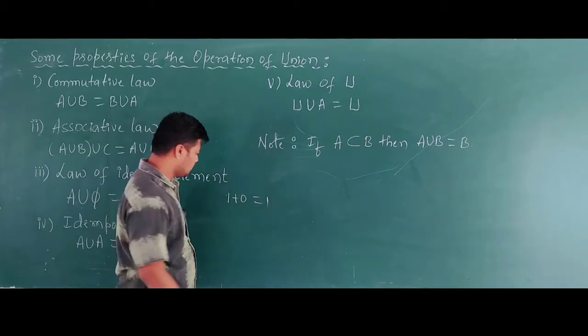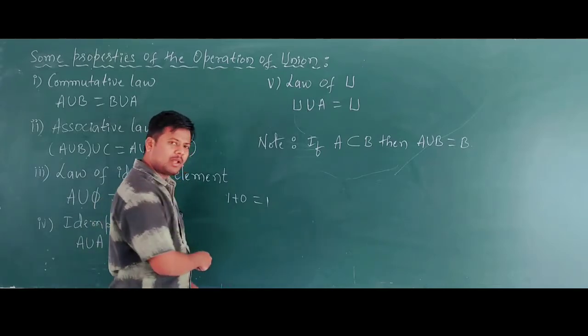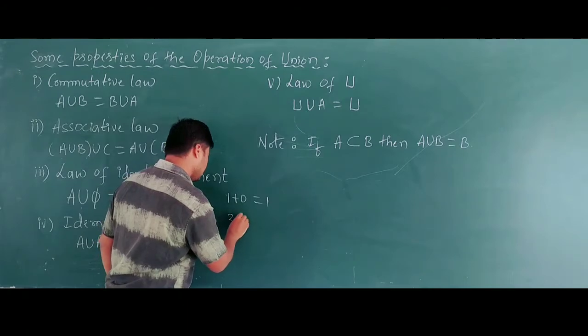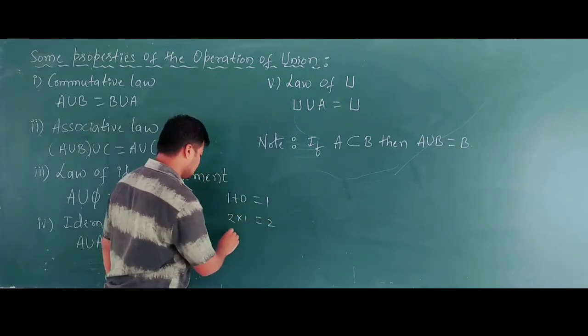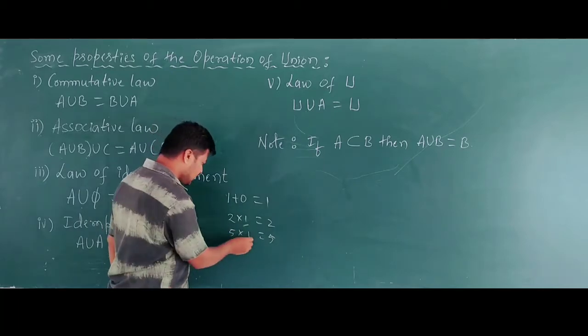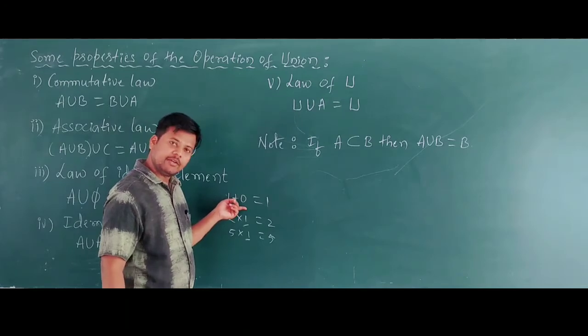For multiplication, 1 is the multiplicative identity. You can multiply any number by 1 and you will get the same number. For example, 2 into 1 is again 2. Similarly, 5 into 1 equals 5. So here 1 is called the multiplicative identity and 0 is called the additive identity.